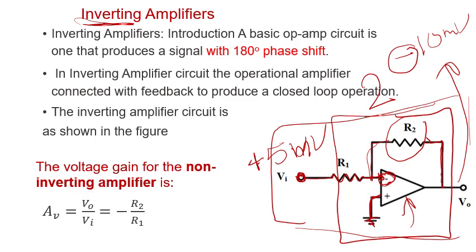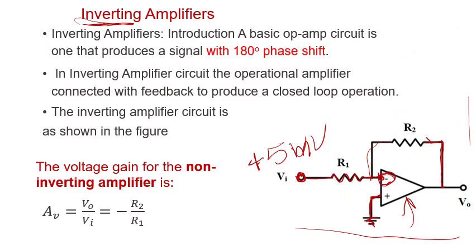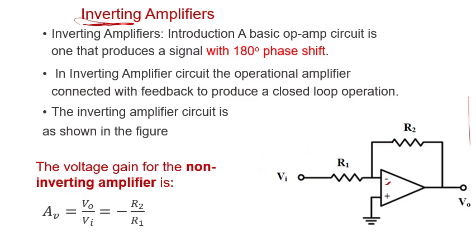Now we reach the point of how I am going to find the gain of the circuit. The gain is very easy to find in the inverting amplifier. It's nothing but R2 over R1.